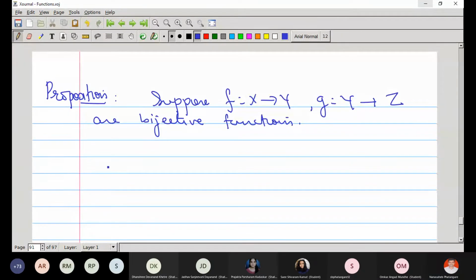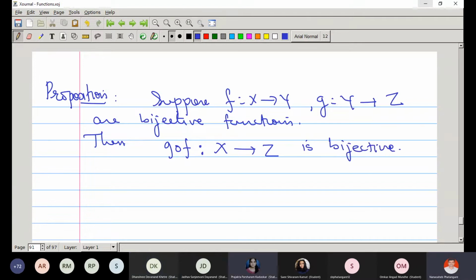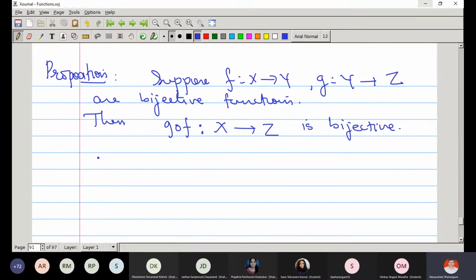Then, which we have already proved, g composite f is from X to Z. Is it bijective? Yes, sir. Because we already proved that if both of the functions are one-one and onto, then the composition is also one-one and onto. That we have already proved, right? So it's bijective.